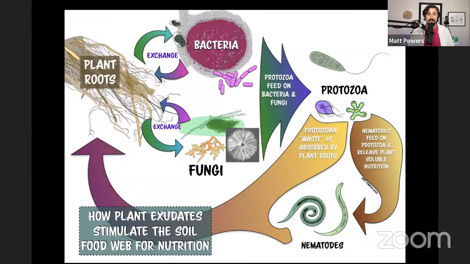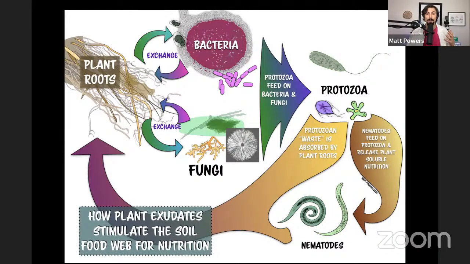This is Elaine Ingham's model for how plants ideally eat. And all the things I'm going to show you are different examples of how they eat. So this is just another way. For a long time, this was thought to be the primary way, but it's not. We'll get to that. But this is the microbes that feed off of the exudates, the sugars.